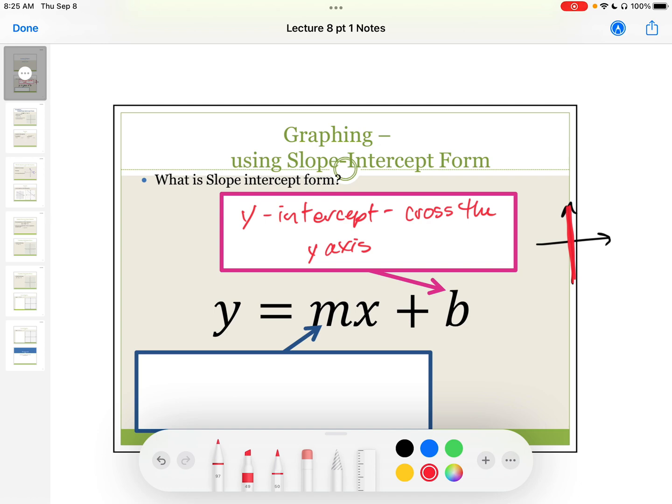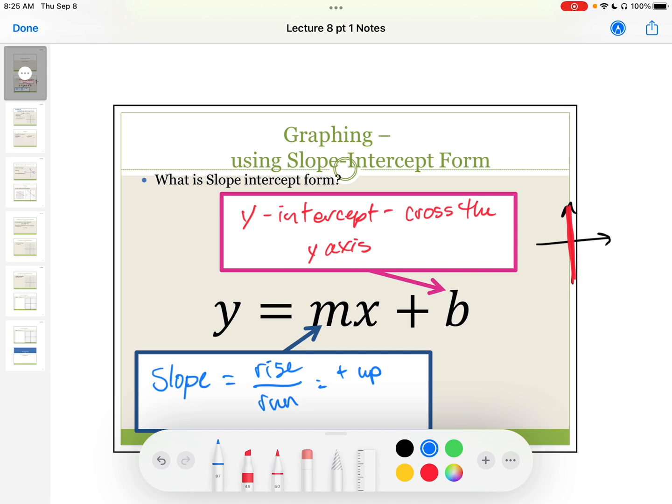Okay, the next thing that we have is your slope, which your m is your slope. Okay, now remember your slope is your rise over your run. Okay, and it's also important for us to know with your slope being rise over run that if that top number is positive, that means that we are going up.